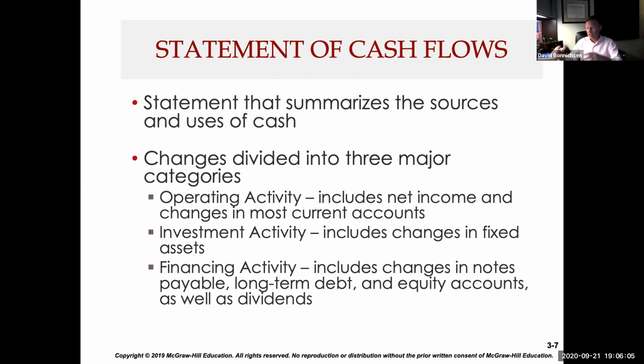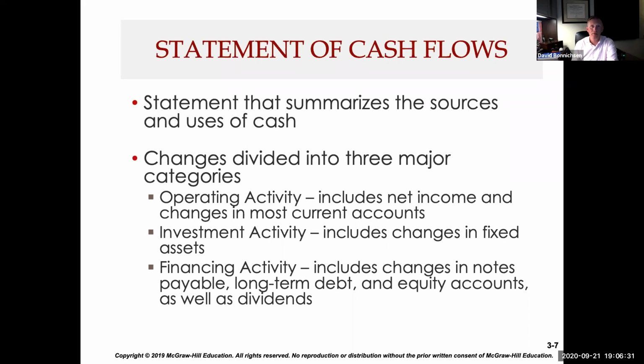So changes in debt, changes in your equity accounts, and that also includes dividend payments that you pay out to shareholders, because shareholder equity, owner equity, that's a financing decision. It's one of the big reasons why people IPO, to get the money. They want that money to come into the business to help finance part of the operations.